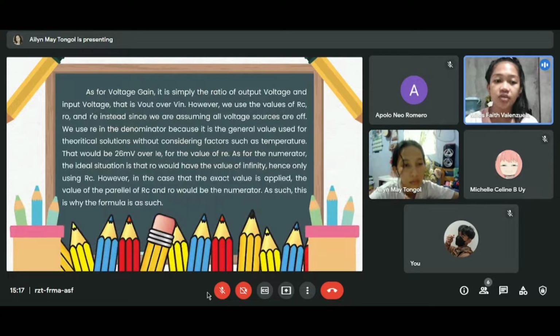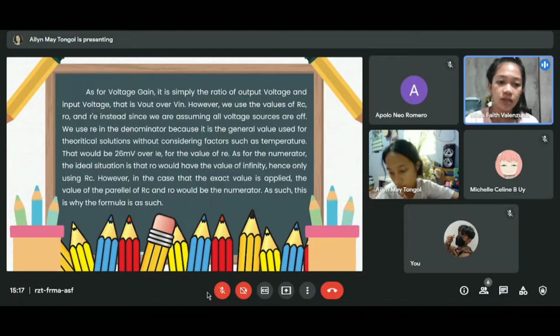As for voltage gain, it is simply the ratio of output voltage and input voltage. That is Vout over Vin. However, we use the values of Rc, Ro, and Re instead since we are assuming all voltage sources are off. We use Re in the denominator because it is the general value used for theoretical solutions without considering factors such as temperature.